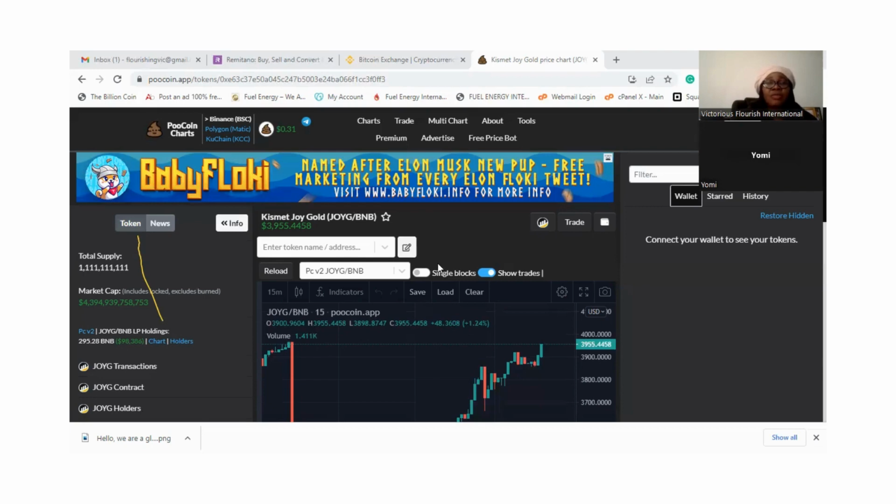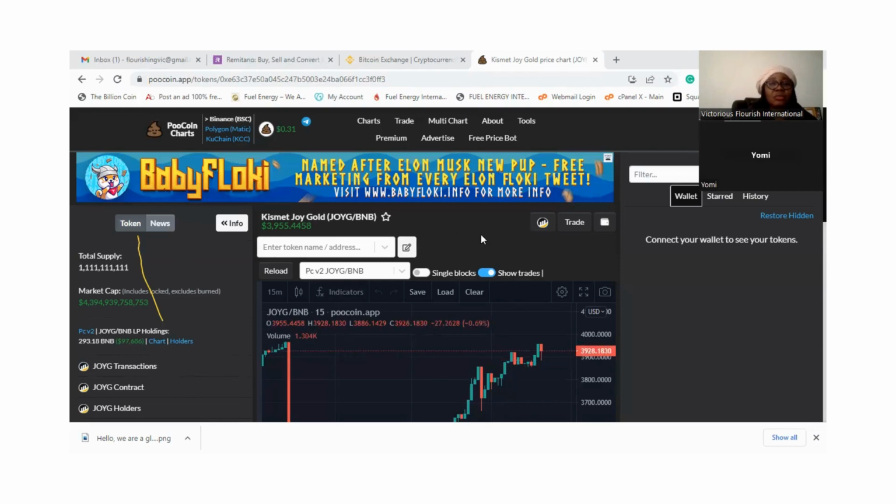Let's say I have 500 Joy G and you have 200 Joy G, and we are 30,000 members, and we have this liquidity. Does it mean that if you divide this liquidity by the 30,000 members, that's how much each person can get?